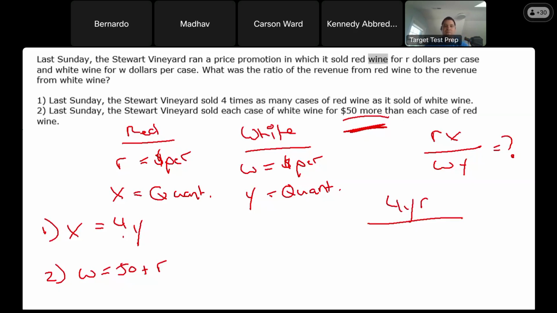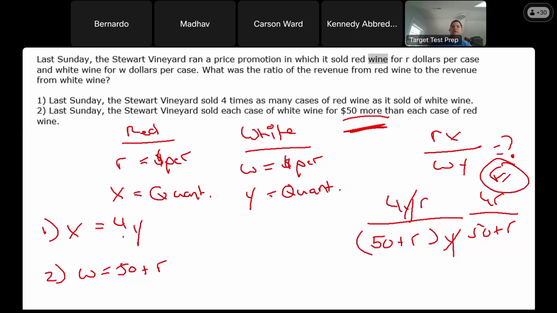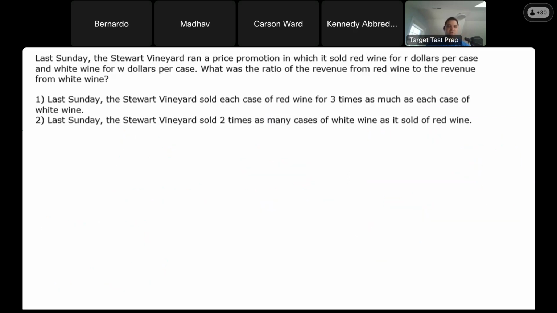So then we have 50 plus r times y here. Notice the y's cancel, but we're still stuck with the r's. You can't cancel out the r when you have 50 plus r here, so the answer ends up being E. That's the reason. If we now fast forward to the next question, you're going to see all these variables are going to cancel. So it's the same thing.